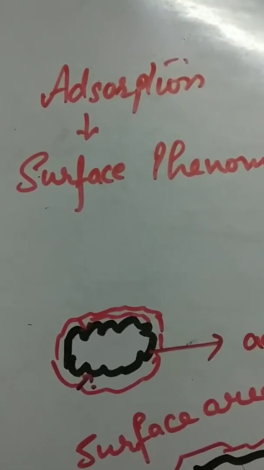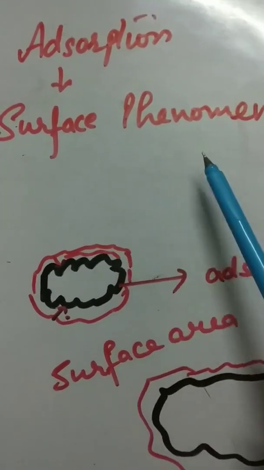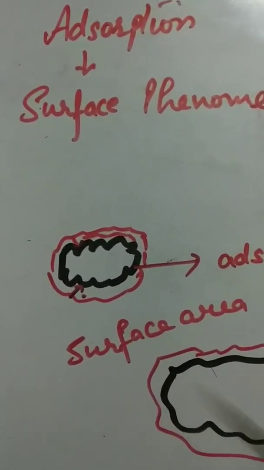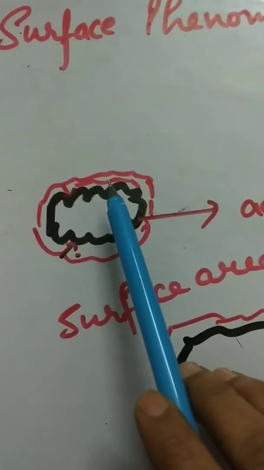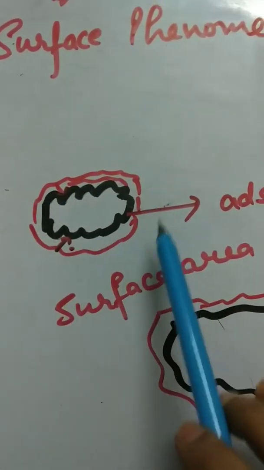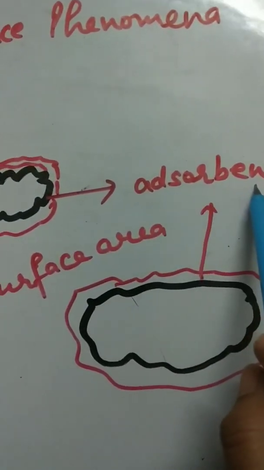Adsorption, a useful property of carbon. Adsorption is a surface phenomenon. Why? Because a thin layer of adsorbed substance is formed only on the surface of the adsorbent.